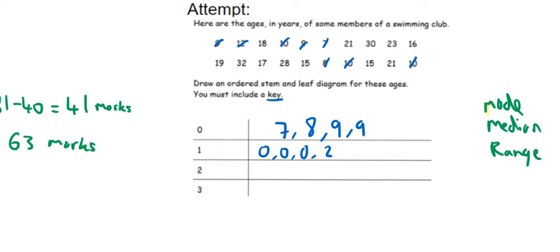Next smallest is 15, and there's 2 of them. Next smallest is 16, so we put in a 6, and then there's a 17. And then there's an 18 and a 19, so there's a lot of them in there in the teens.